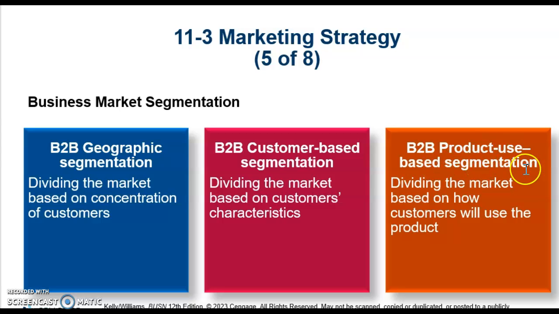The business-to-business product use is going to divide the market based on how customers will use the product. And so business-to-business marketers typically follow a similar process in segmenting their markets, but their categories, as you can see, are a little bit different.